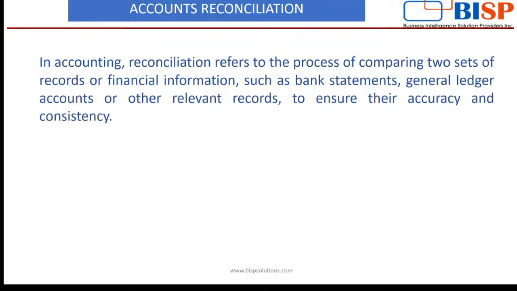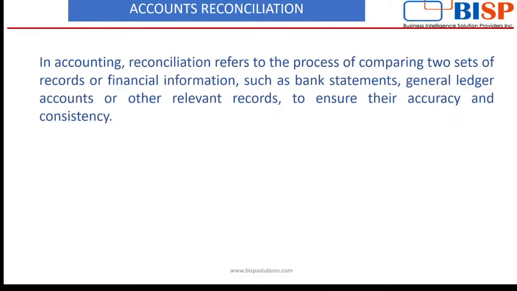Then we have account reconciliation. As you are aware, we do account reconciliation when there is an error of omission or an error of rules, for example, you debited something instead of crediting it. At that time we do account reconciliation. This is a process of comparing two different financial records to check accuracy and consistency.